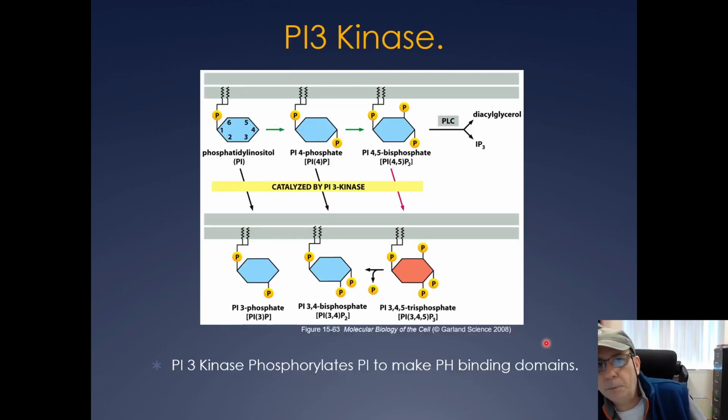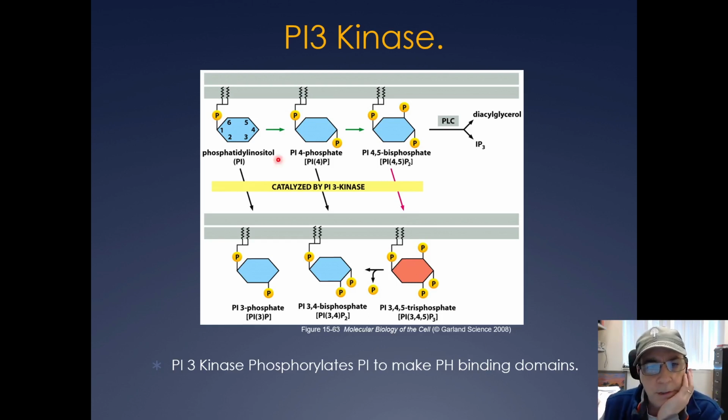Okay, now on to PI3 kinases. We've already seen the phosphatidylinositols, but the phosphates actually get added by PI3 kinase. So here you have phosphatidylinositol, and with PI3 kinase, that will become PI3 phosphate, and if you have PI4 phosphate, PI3 kinase will also add a phosphate onto the 3-carbon.